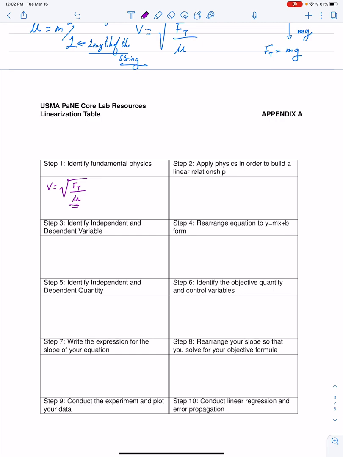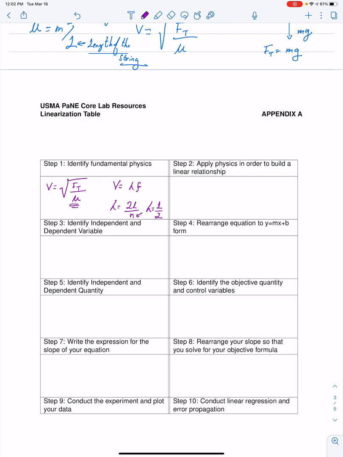Then we also know that velocity is equal to the wavelength times the frequency. But wavelength is equal to 2L over N, just like we spoke of. And N is equal to 4 because we want 4 modes, right? So the wavelength will always equal L over 2.